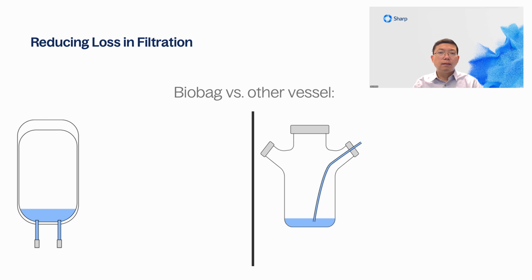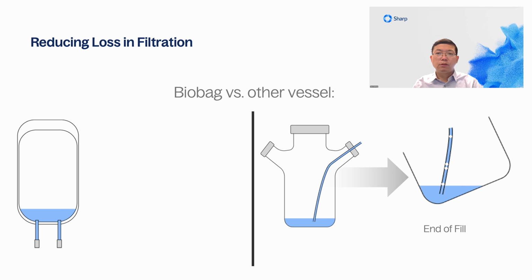Why? During filling, the dip tube must be fully submerged in solution. Once the level of solution drops so the dip tube is not fully submerged, it will begin to siphon air. And this causes bubbles to become trapped in the fill assembly.